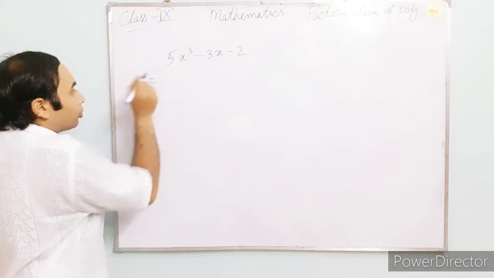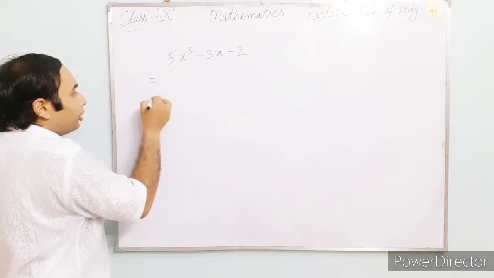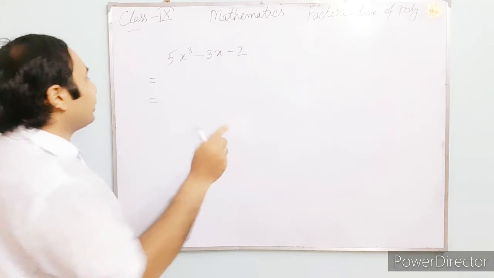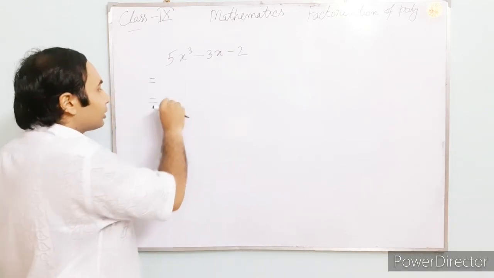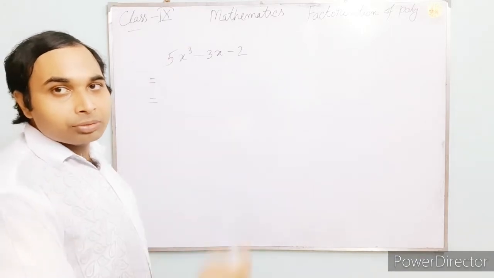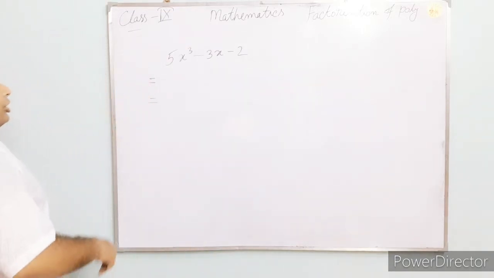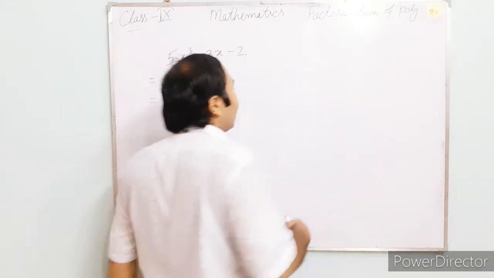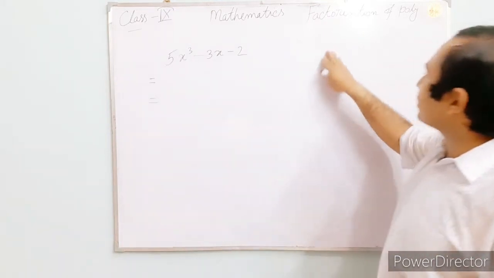So here you will put an equal to sign. This will be filled in first, and after that the previous one, the reverse process actually. So what is the trial and error method?